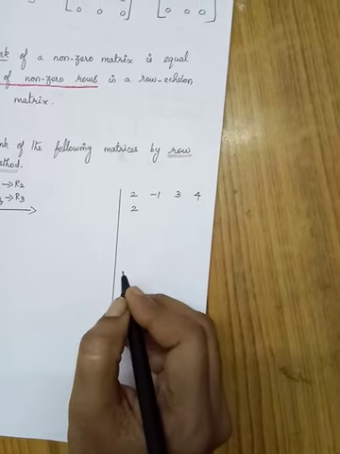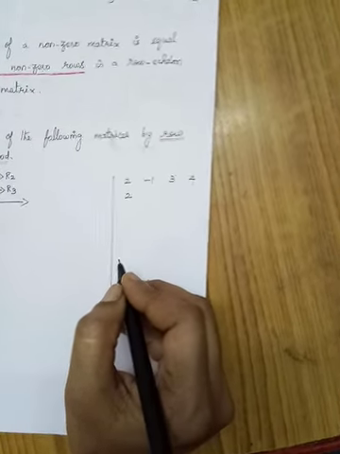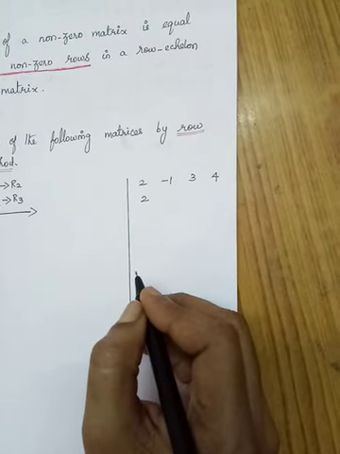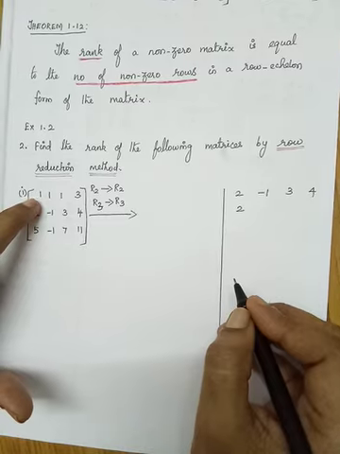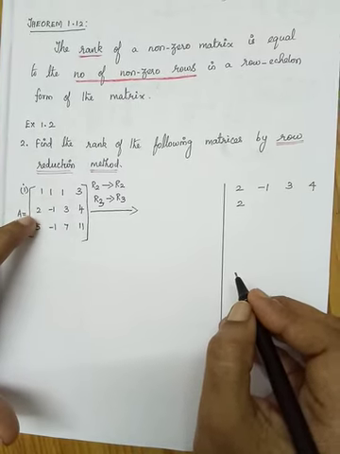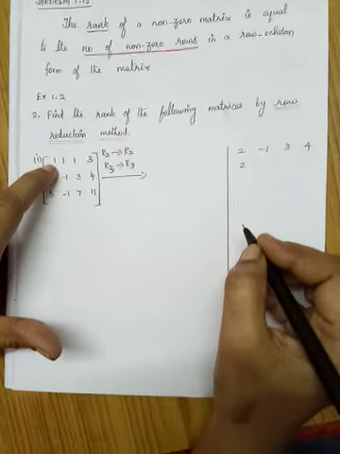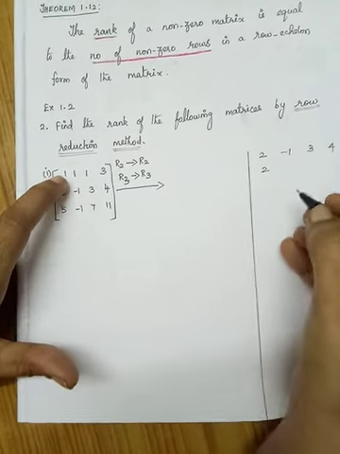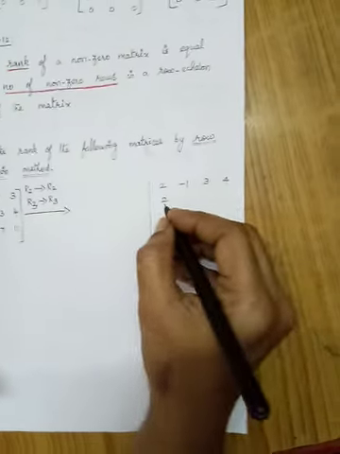Here in the place of R1 you are having 1. To make this element a 0, whatever number you are having, you have to multiply R1 by the same number. Here you are having 2, so R1 has to be multiplied by 2.